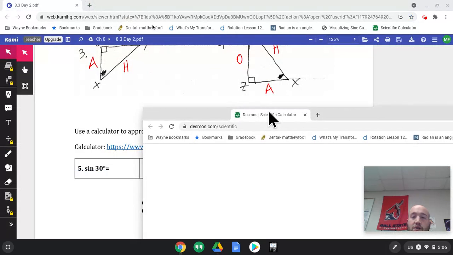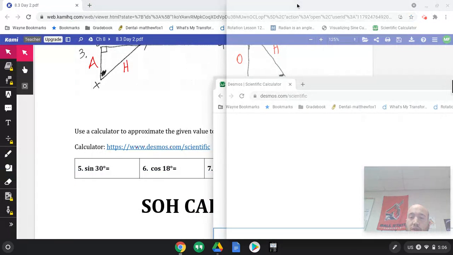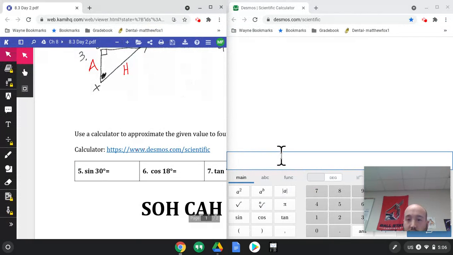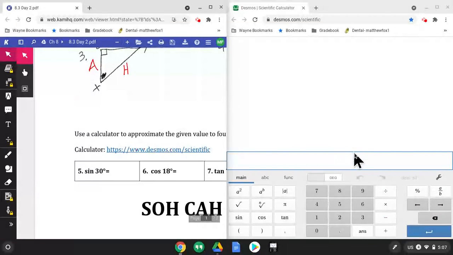Okay, so let me pull this over to the side now so you guys can see both my calculator over here and my work. I'm going to close my picture, and here's our calculator. Now notice we want it in degrees because it says sine of 30 degrees. It will always open in degrees, but if you ever accidentally click that, it switches to RAD, which stands for radians. We don't want that. It should always be in degrees.